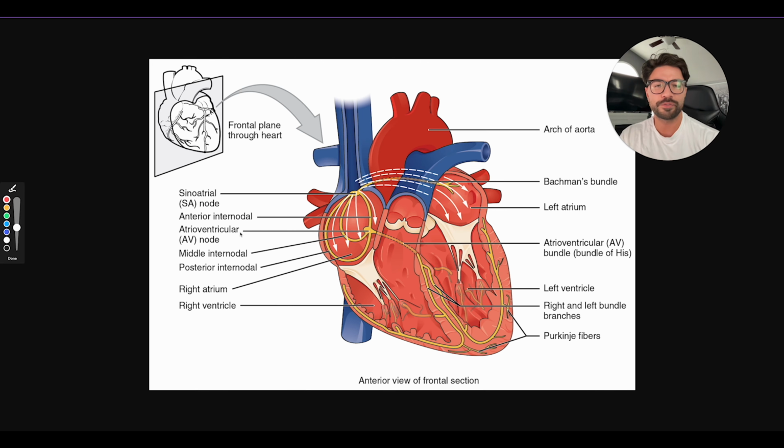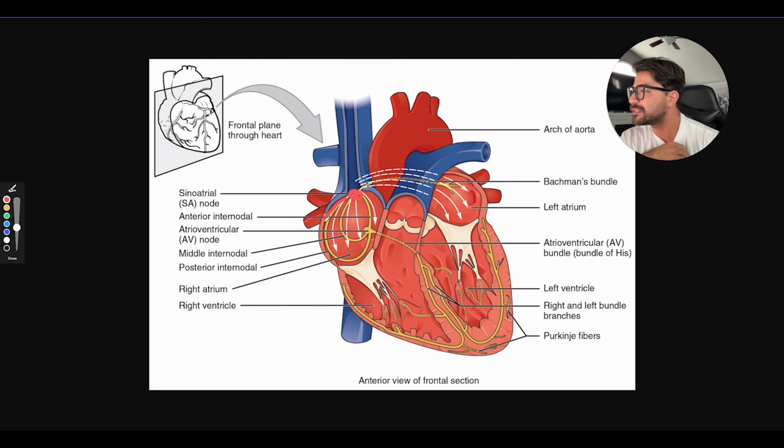Now let's walk through the conduction system of the heart. Starting off first, we're going to start at the sinoatrial node, which is going to be found in the right atrium along the superior and posterior aspect of it, found just inferior to our superior vena cava opening. The signal begins here.